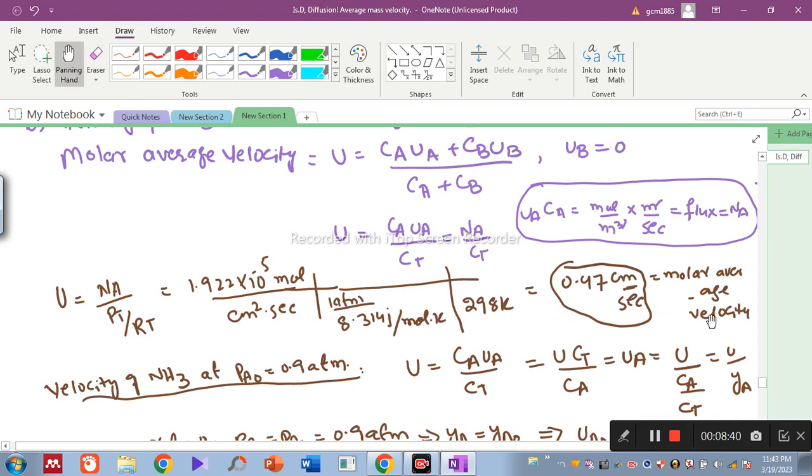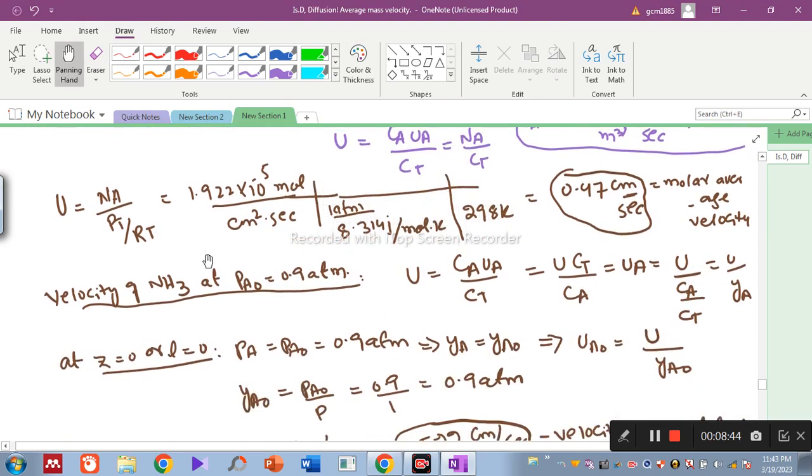This is the molar average velocity of ammonia and air. So what is the velocity of ammonia at Z equal to 0? At Z equal to 0, the ammonia concentration will be very high, while at Z equal to L the velocity of ammonia will be very small.